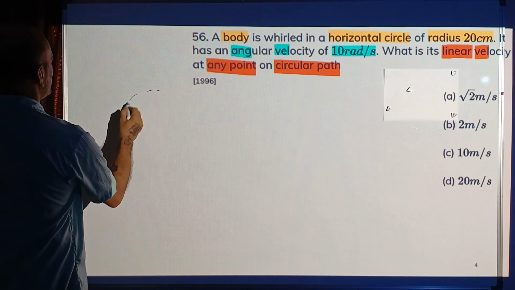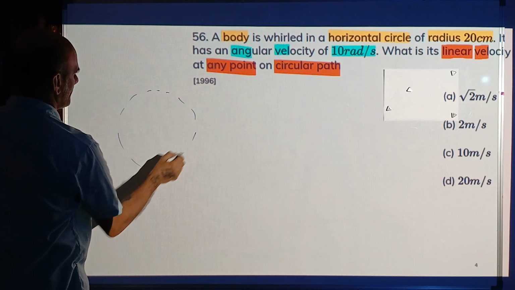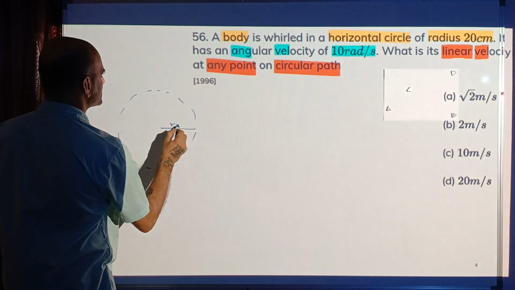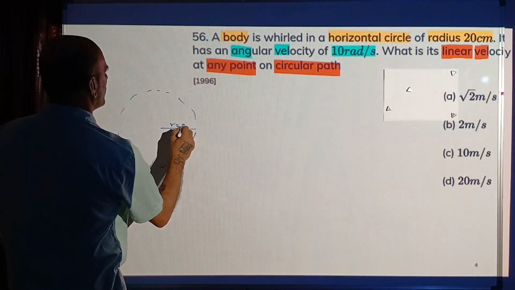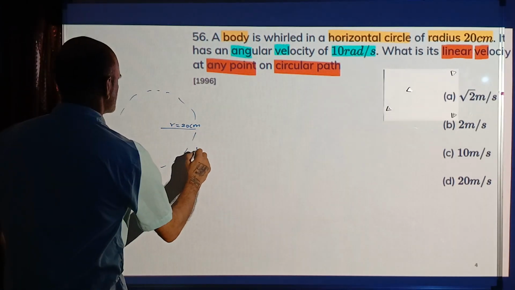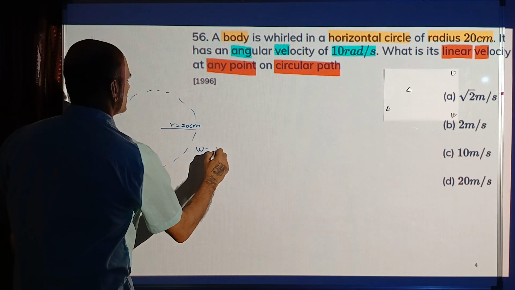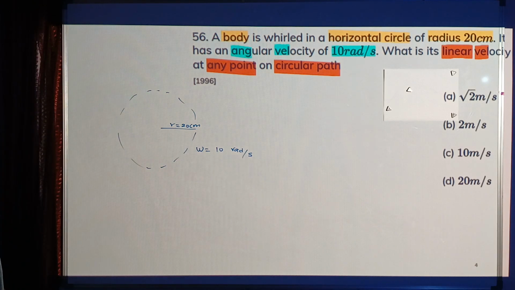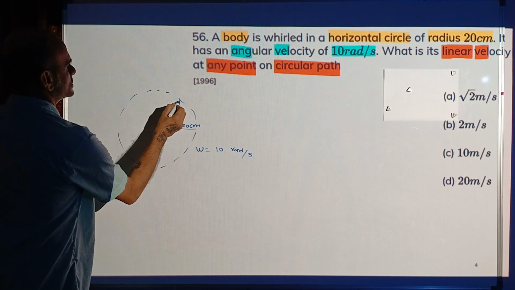The body is moving in a circular path of radius 20 centimeter and the angular velocity is 10 radian per second. So it's moving like this.